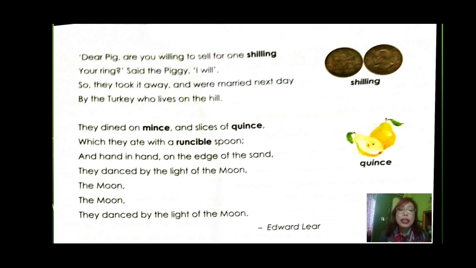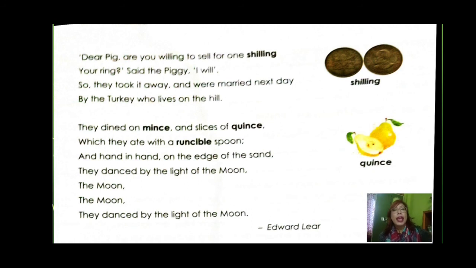So finally, as you all know, in weddings, birthday parties, and all, we have special food, no? So here also the owl and the pussycat, they dined. They had special food. That is, they ate chopped meat. They ate fruit, special fruit, with a runcible spoon, and hand in hand on the edge of the sand.